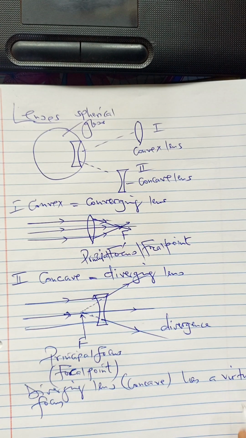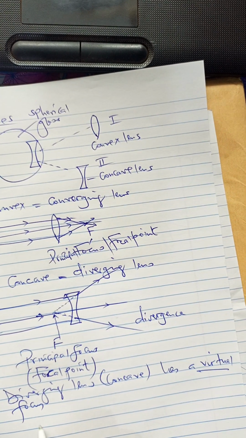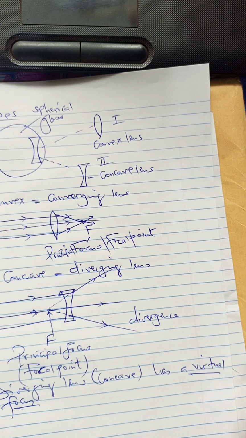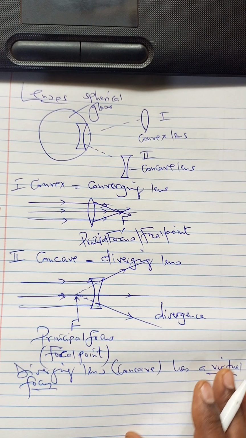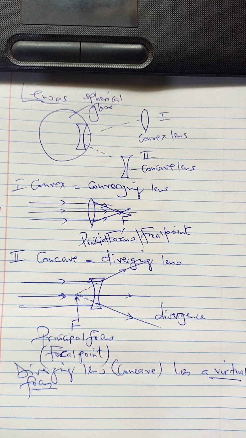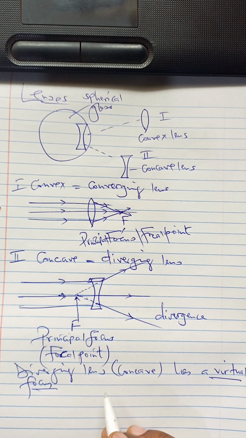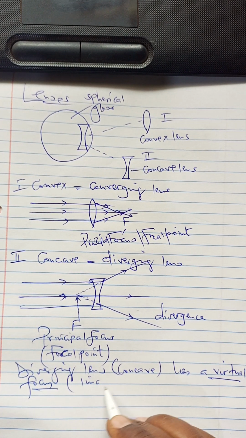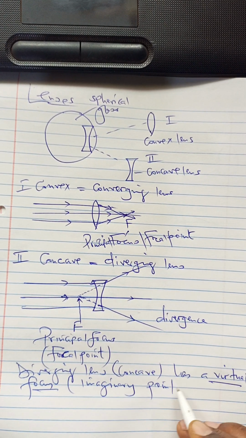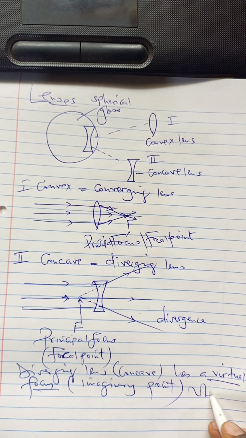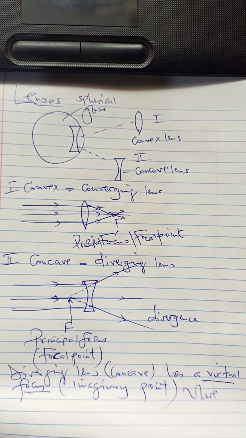The meaning of virtual focus, when you say it has a virtual focus, is that the rays of light actually do not meet. They do not come from that point. It's an imaginary point where the rays of light seem to come from.